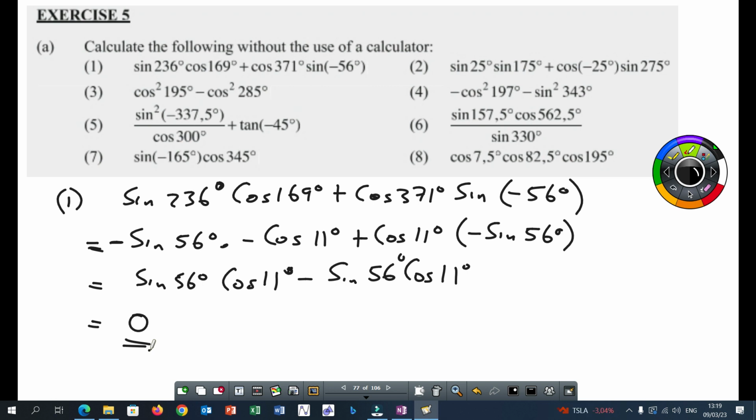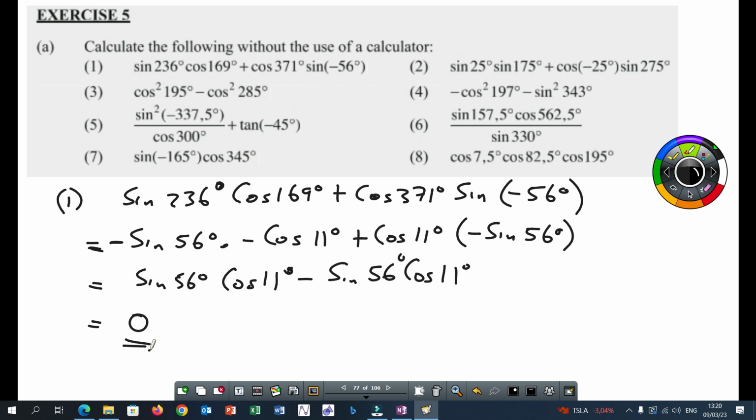But, let's say, is this the only way of doing it? Do you think there's another way? Okay, let's say, for example, you try to convert the 56 to cos, this one here.